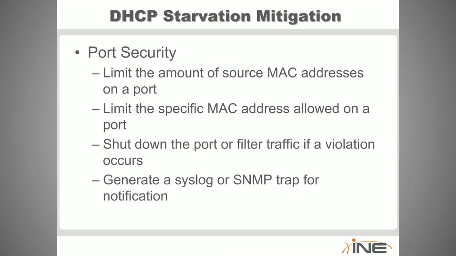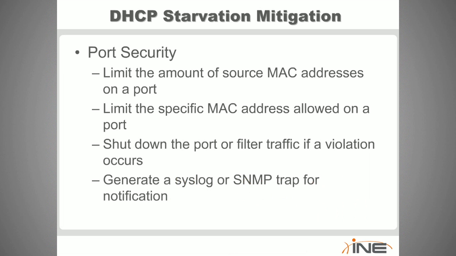Now, port security is another way that we can prevent this, and it has to do with how the DHCP requests are sent out. Most of the time, a DHCP server will only allocate one layer 3 IP address per layer 2 MAC address.